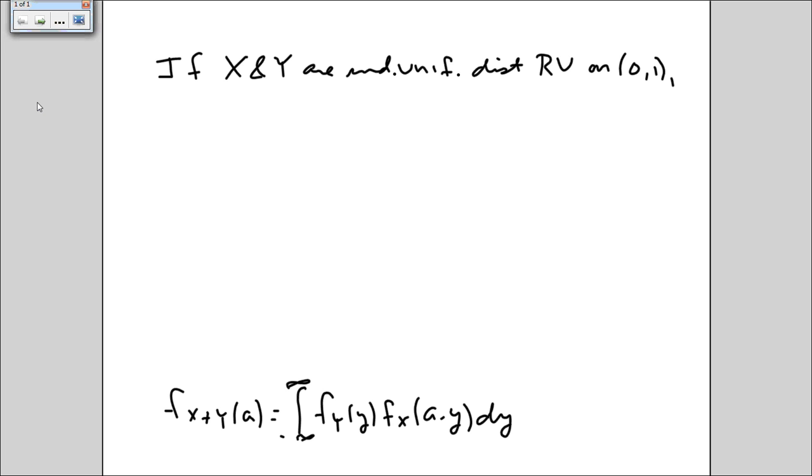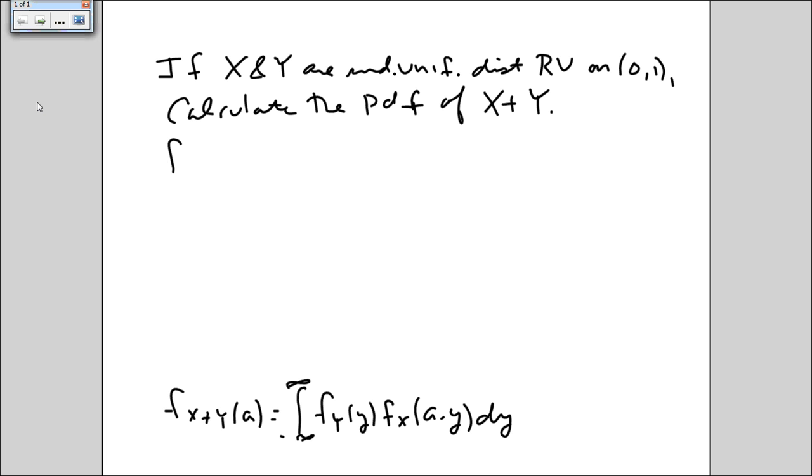If that's true, we want to calculate the PDF of their sum. That's what we're doing in this section, talking about sums.